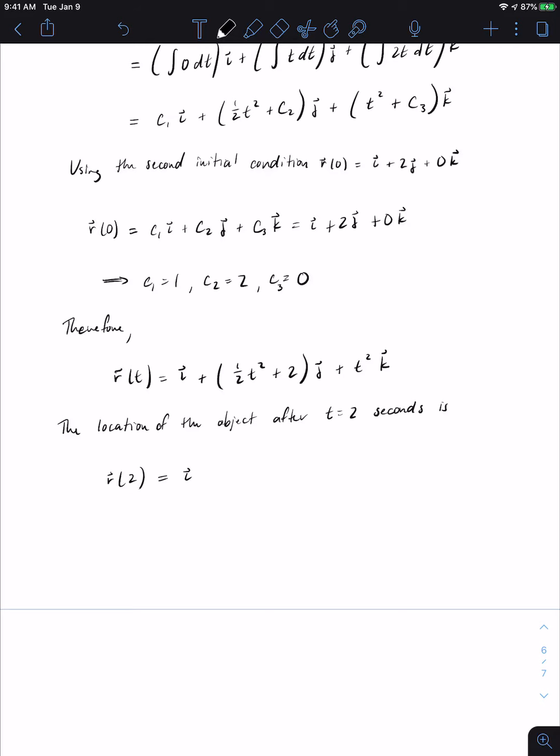So I get i plus 1/2 times 2 squared, which is 4 times 1/2 is 2, plus 2 is 4, so 4j, plus 2 squared is 4, so 4k. So that is my final answer. That is the position after t equals 2 seconds. Alrighty, that's all I have for this video.